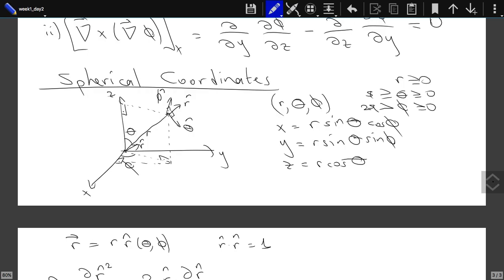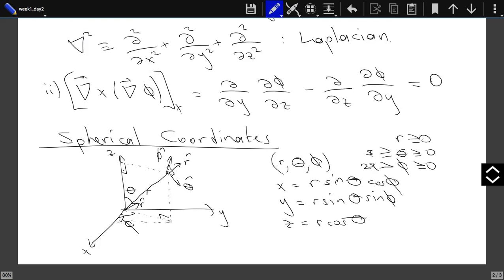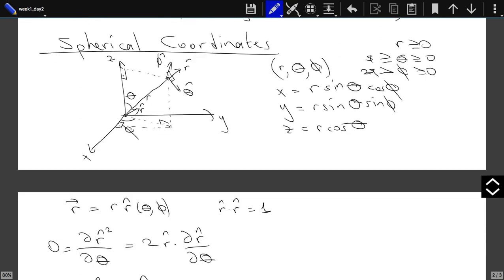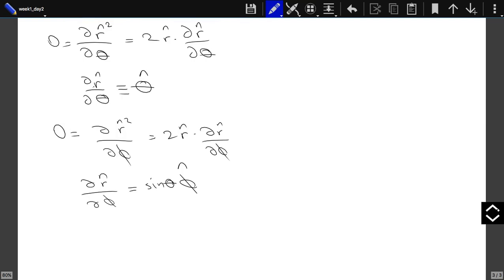Then to obtain the phi, here I'm rotating this whole vector around z, around this axis. When I'm rotating around the z-axis, I'm basically rotating this length, this side over here. And the length of this side is r sine theta. So that is why I have this sine theta.